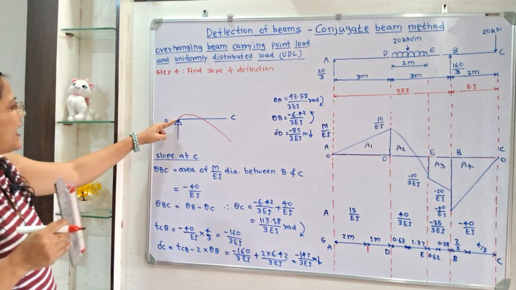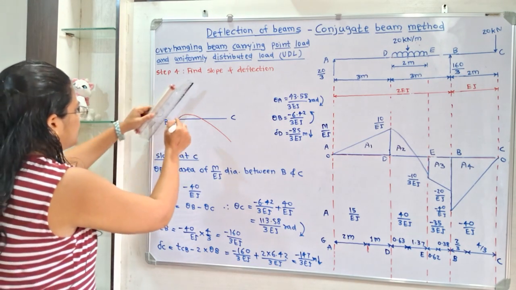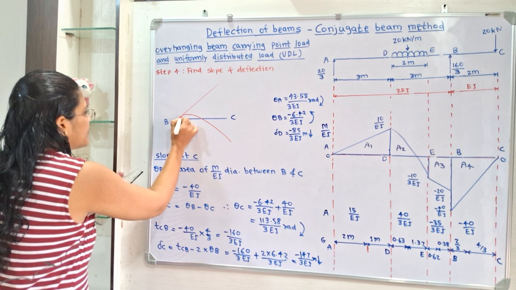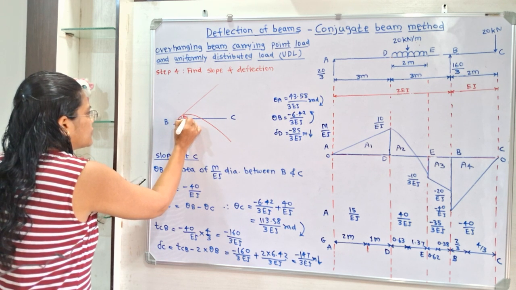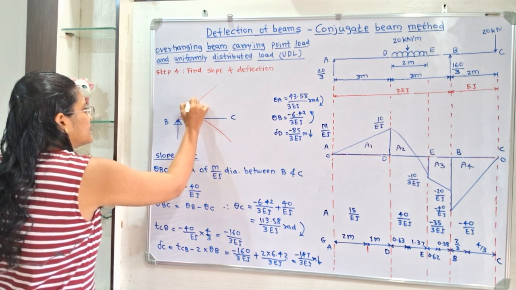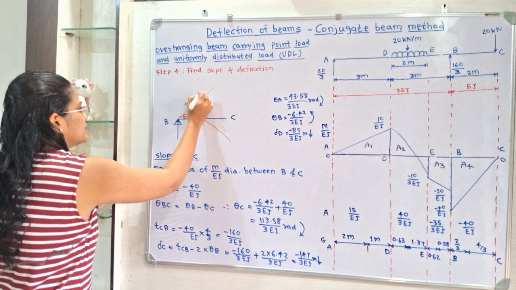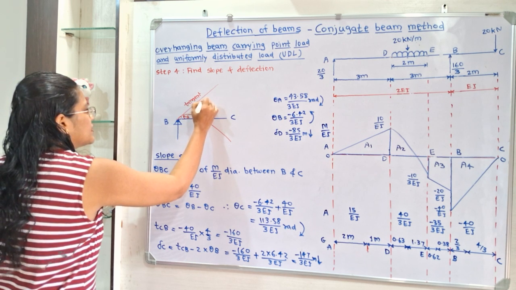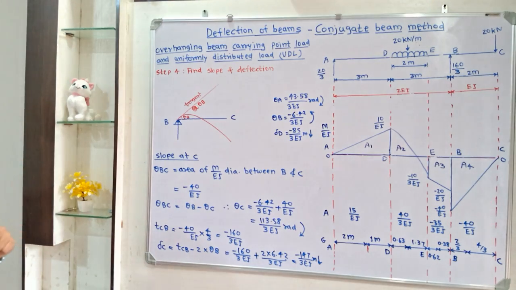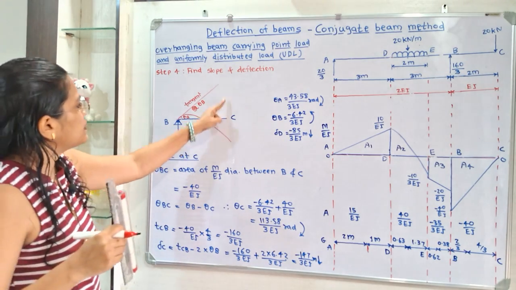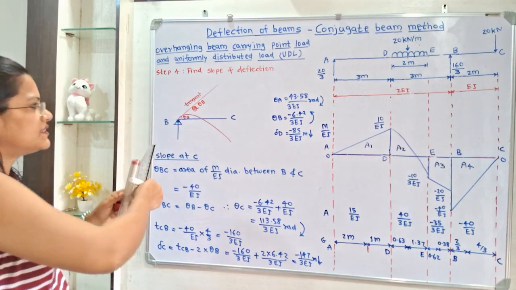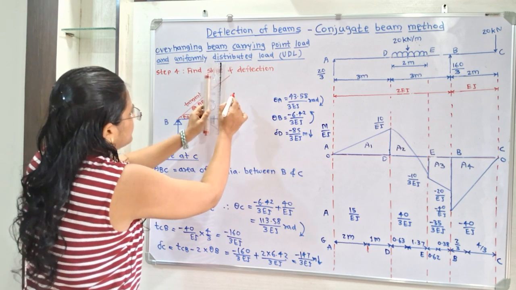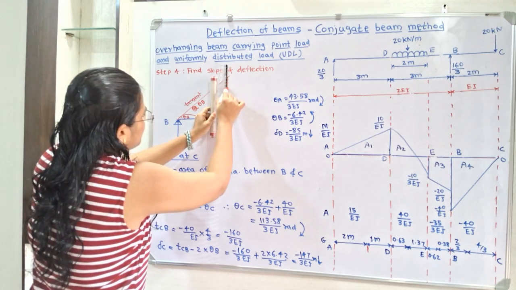Now we will draw one tangent line at point B. So if I draw here one tangent line, then the angle made at this point B is known as theta B. So we will say that this tangent at theta B. Now if I draw one perpendicular line from this point C on this tangent line, so here is the tangent I will extend and I will draw one perpendicular line.